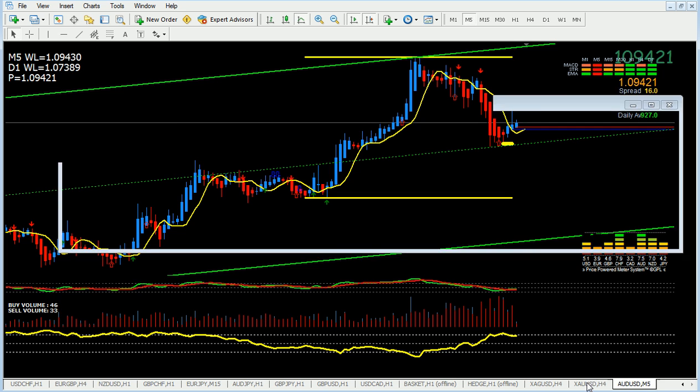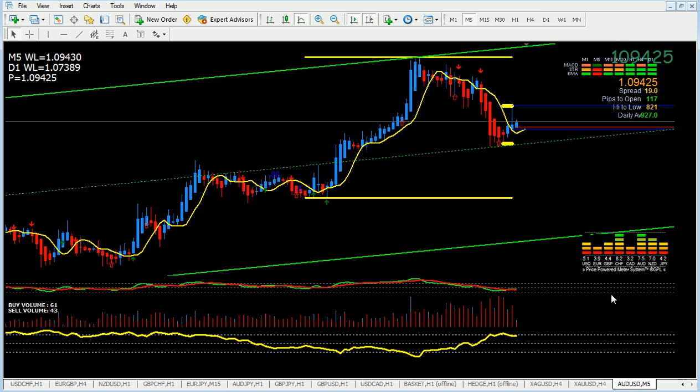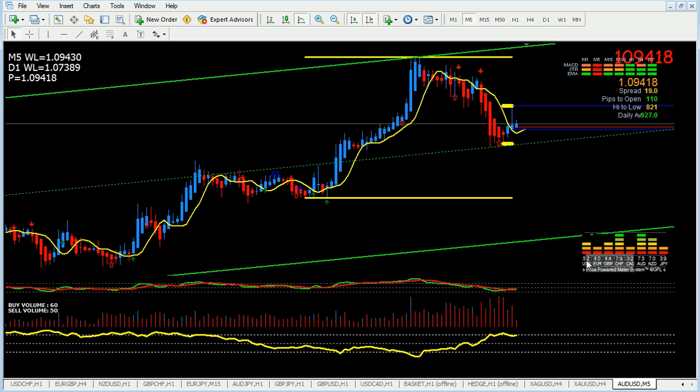And we can use another indicator to give us a warning. Okay, basically there we have the support and resistance levels, the Bosun's weekly line, and we have here our currency meter showing the relative strength of one currency against the other.